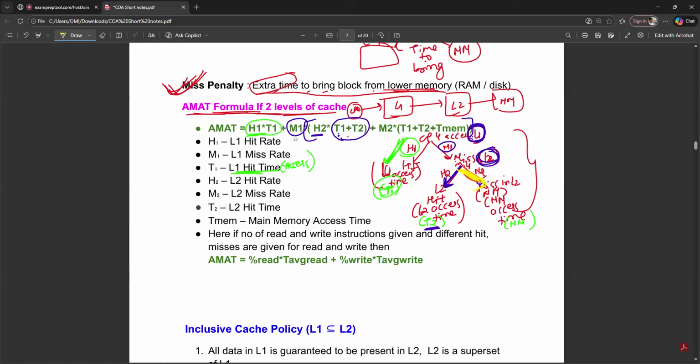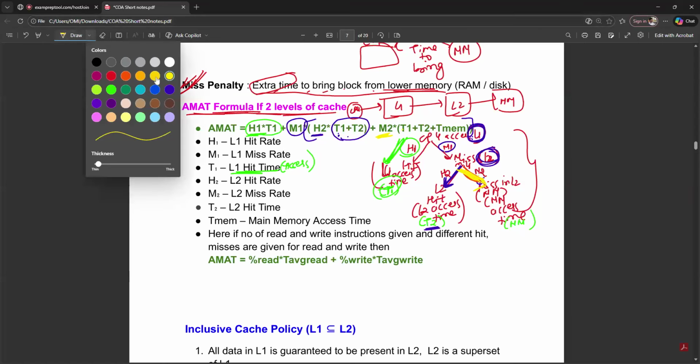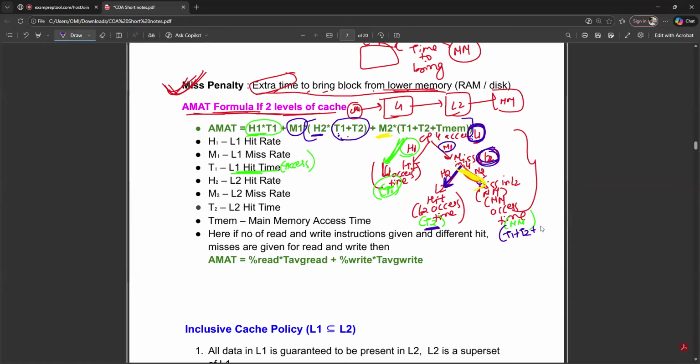M1 we have multiplied. Now if it is a miss in L2, then M2 into T1 plus T2 plus T main memory. You first access L1, then if a miss happens, you access L2, and at last you access the main memory, so that is the total time. If you have made this, you can easily write the average memory access time formula.